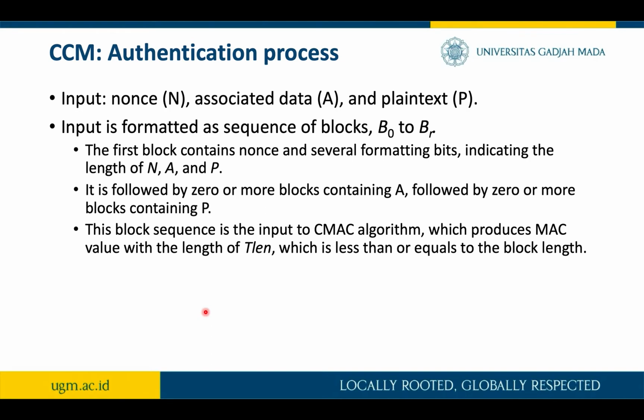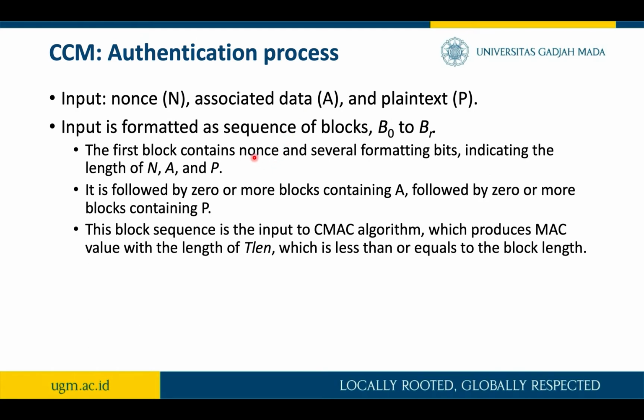First, we will discuss the authentication process. The input is N, A, and P: nonce, associated data, and plain text. Remember, plain text needs to be authenticated and encrypted, while associated data just needs to be authenticated.